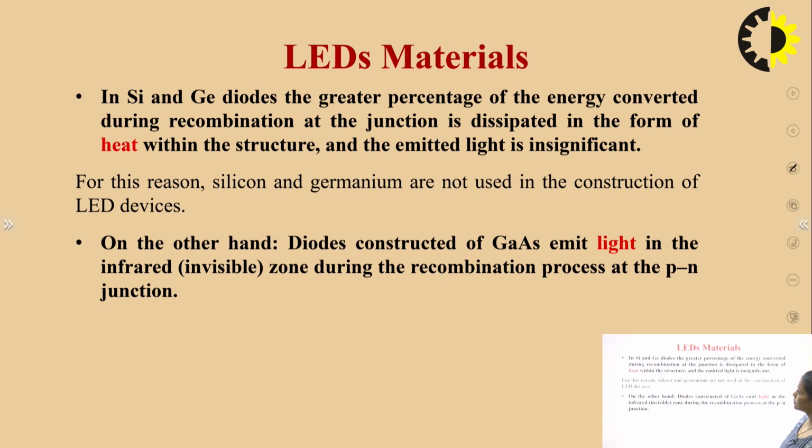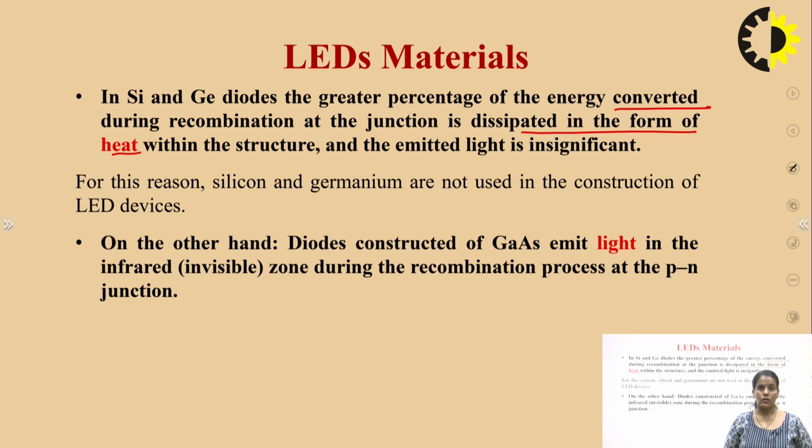This is mentioned in this slide. In silicon and germanium diodes, a greater percentage of the energy converted during recombination at the junction is dissipated in the form of heat. Due to the indirect band gaps in silicon and germanium, we are not able to get light as an output. Only heat is generated.